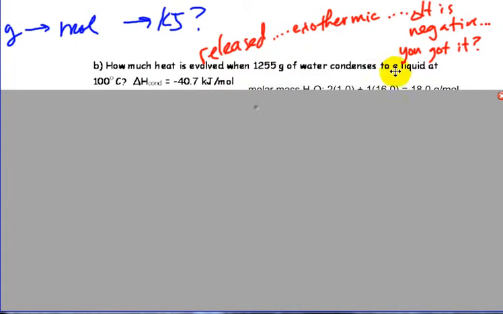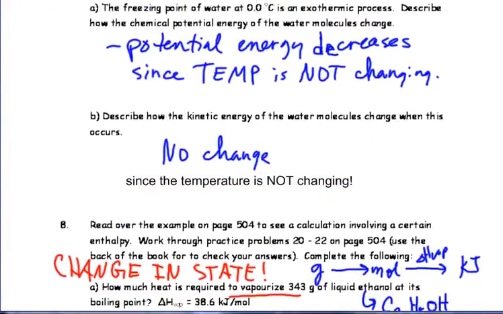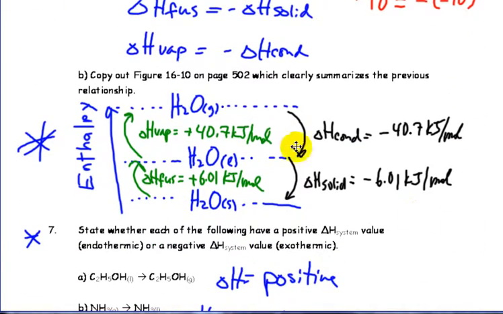So it's exothermic. We treat this as a negative value because it's exothermic. Okay, so it condenses there. So we're going from, in this case, a vapor to a liquid, just like over here, gas to liquid.